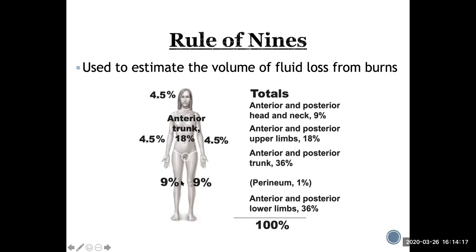So 9 for the anterior right leg, 9 for the anterior left leg, 9 for the posterior right leg, 9 for the posterior left leg, right?